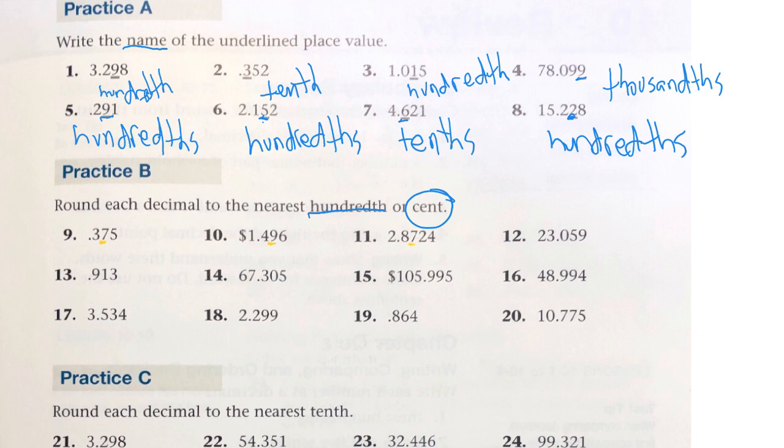So knowing what my directions are, I could even go through them all and just underline all those hundredth places. Okay, so now we've got all of those underlined, and for the ease of seeing what number we look at next, I'll highlight the place to the right of the hundredth place.